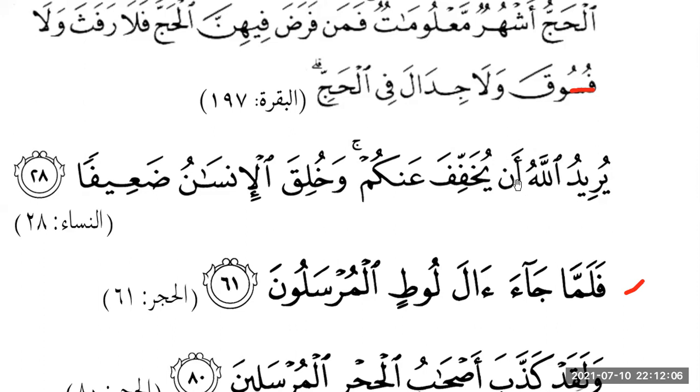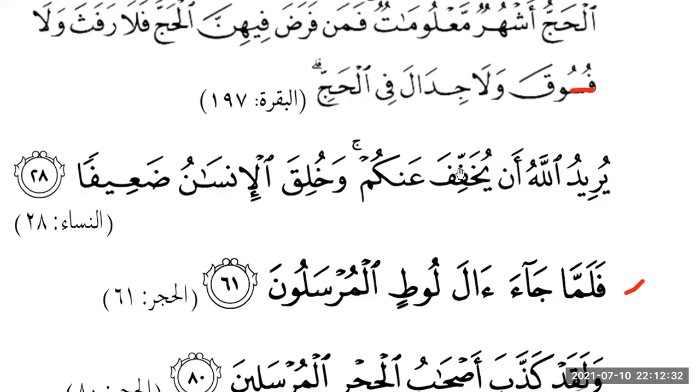But what is this an for here? Notice that this is a verb which becomes the object of this verb. Allah wants to lighten. A verb cannot be an object of another verb unless it is preceded by an, and this is called an masdariyah.